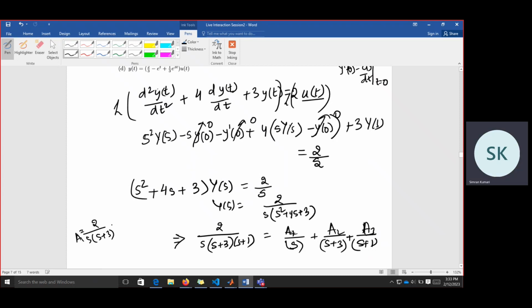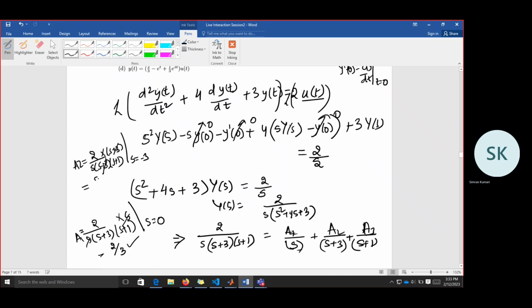So A1 will be equal to, multiplied by s at s equal to 0, because here the pole is 0. s cancels out, and this will be 2 by 3. So A1 we got. For A2, this will be 2 by s times s plus 1, multiplied by s plus 3 with s equal to minus 3. What will be this? Minus 2.